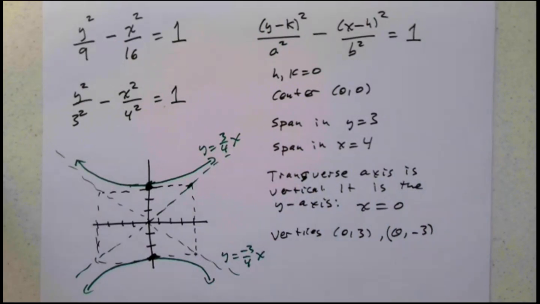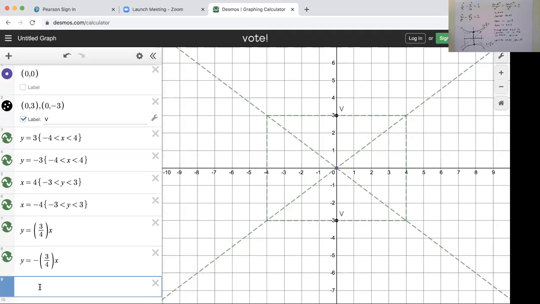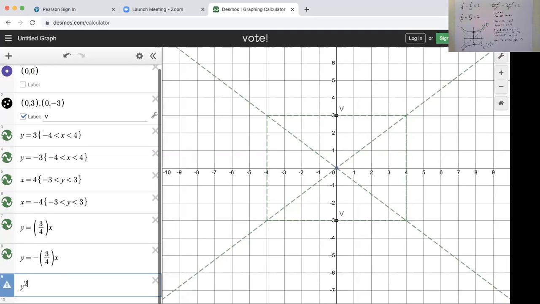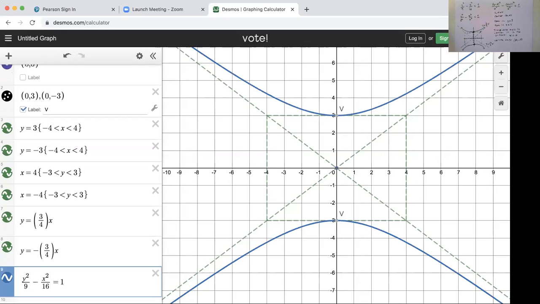If I switch the order, if I had x squared over 16 minus y squared over 9, the vertices would be on the x-axis and you would graph it that way. So at this point, I think I'm ready to draw the graph. y squared over 9 minus x squared over 16 equals 1. And that should look good.